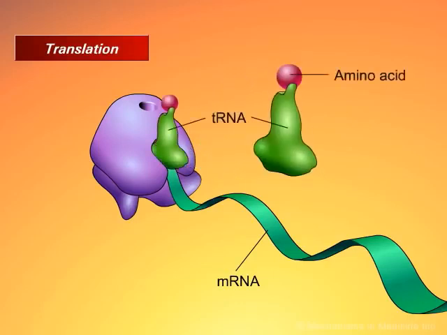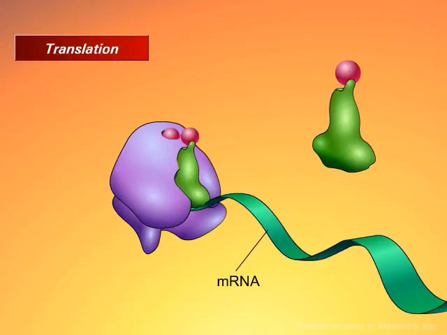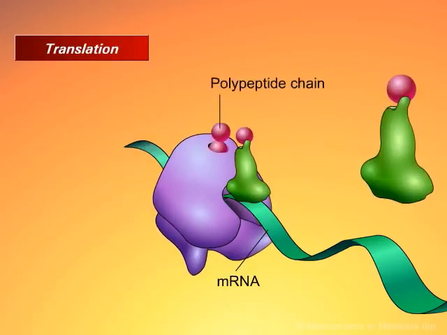This step involves the aligning of transfer RNA, tRNA molecules in sequence along the mRNA. Each tRNA carries a unique amino acid determined by the sequence of the tRNA, which, when aligned along the mRNA and ribosome, join together to form the polypeptide chain. This step is known as translation.